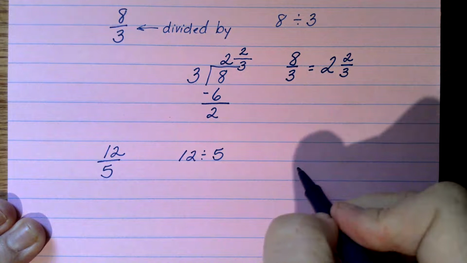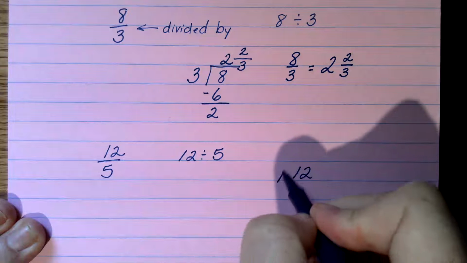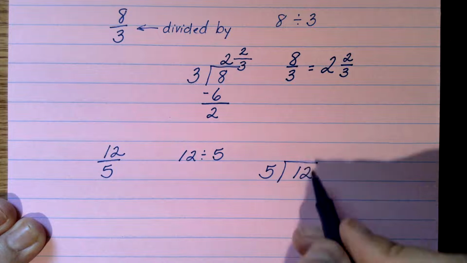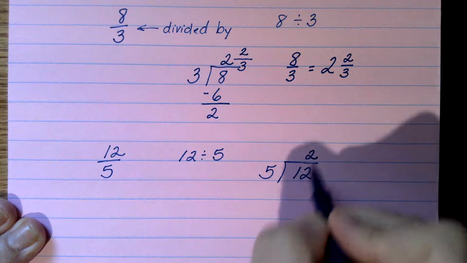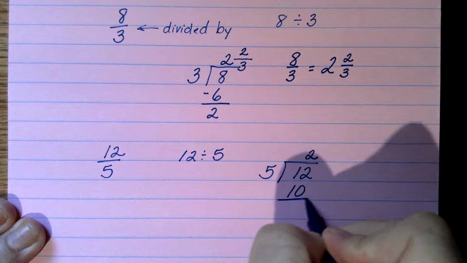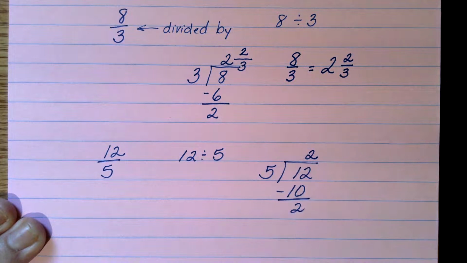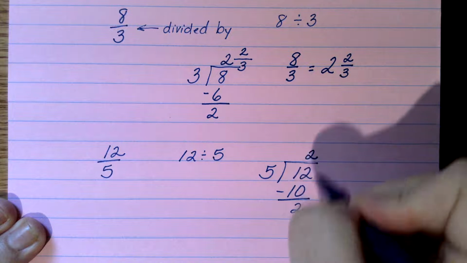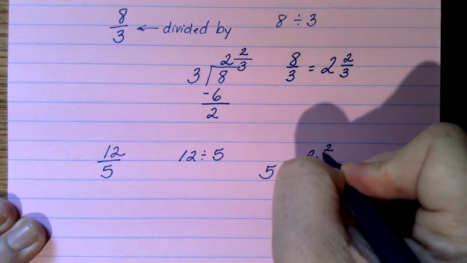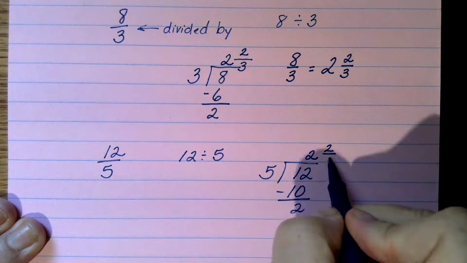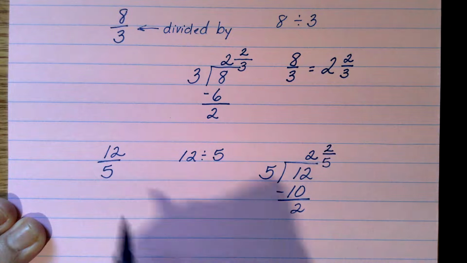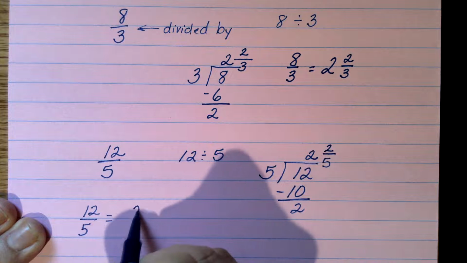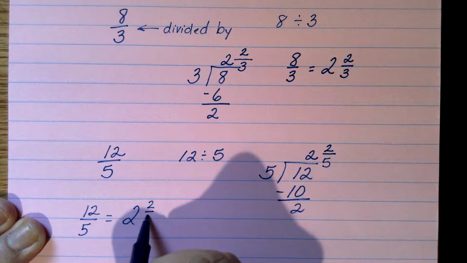And when we place it, it's going to look like this: 12 divided by 5. 5 goes into 12 2 times. 5 times 2 is 10. We subtract and we have 2 left over. We don't have any numbers to bring down, so the 2 becomes our numerator, and our denominator was 5. So 12/5 is equal to 2 and 2/5.